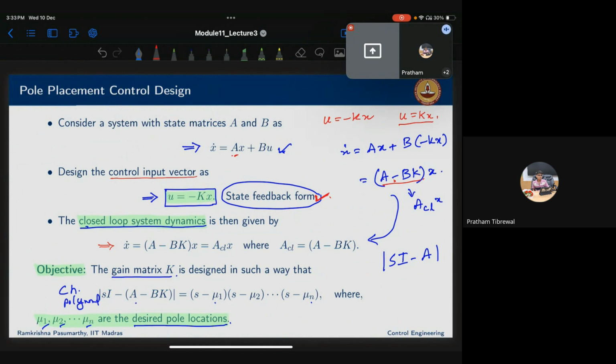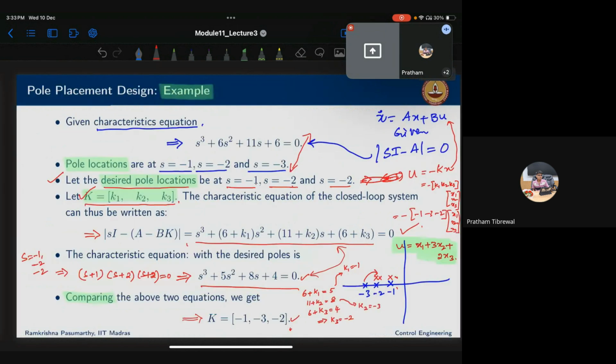If you take negative, it will try to keep the eigenvalues on the left side, stable. If we take the term positive, it becomes unstable. So for stability, we take u is equal to minus Kx, not u is equal to Kx. For every controller, we take u equal to minus Kx, the state feedback formula.